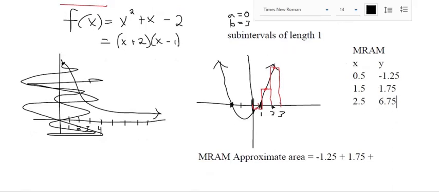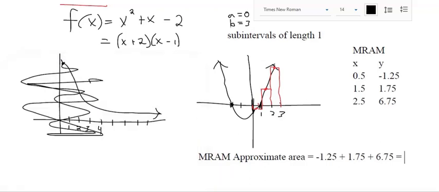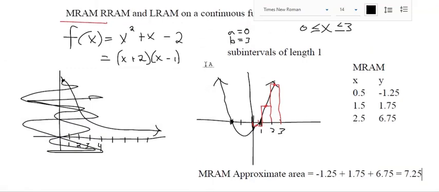So the area of this rectangle is 1 across, 6.75 up. So 1 times 6.75 is 6.75. And then if you add those up, you've got your approximation. So 7.25 is our approximation for the area under the curve with MRAM.